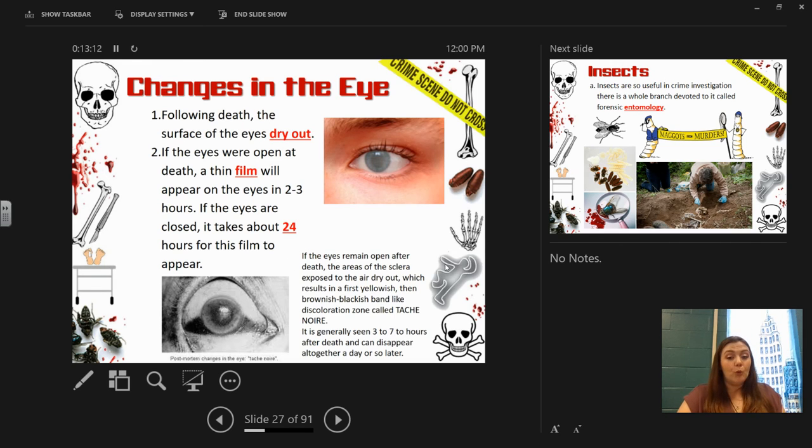Now, if they die with their eyes open and their eyes remain open, the areas of the sclera exposed to the air dry out, which results in a first yellowish, then brownish, blackish band, like a discoloration zone, called a tache noir. So it makes this little line across their eye. It generally is seen 3 to 7 hours after death and can disappear altogether a day or so later.